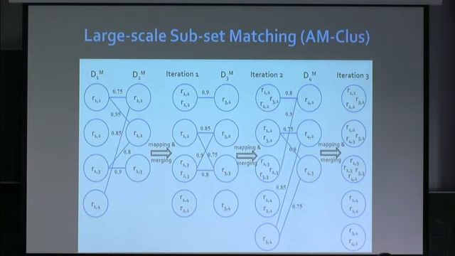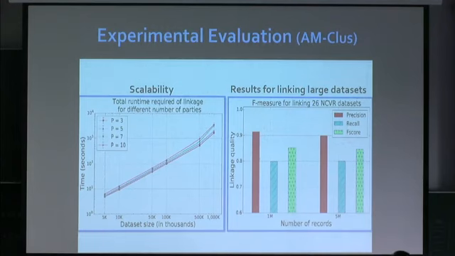So this is an ongoing work, and here we present some initial results. This approach is quite efficient because it has a quadratic computation complexity compared to all the other multi-party techniques which have exponential complexity. Here we achieve linkage in quadratic computational complexity.